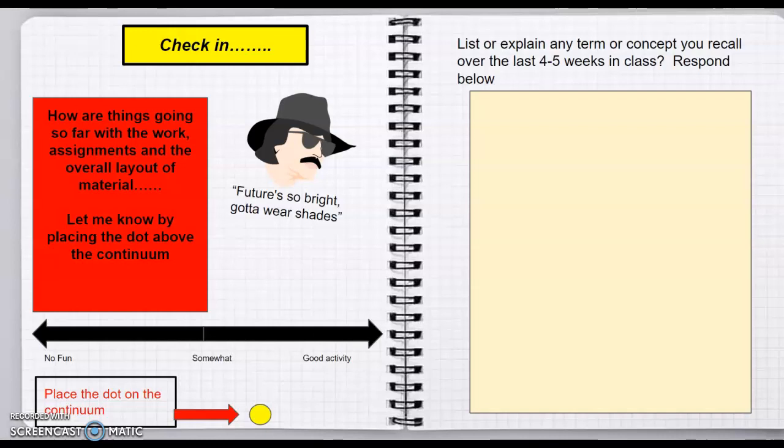And again, you're not being graded on if you put it's not fun or you're somewhere on the other side of that spectrum to the left of somewhat, then it gives me a chance to reflect myself and figure out why, and maybe connect with you and see what we can do to get you over to the other side and maybe change a few things.